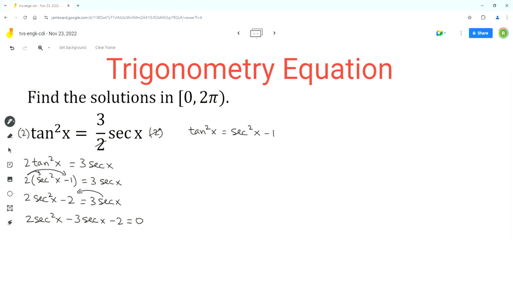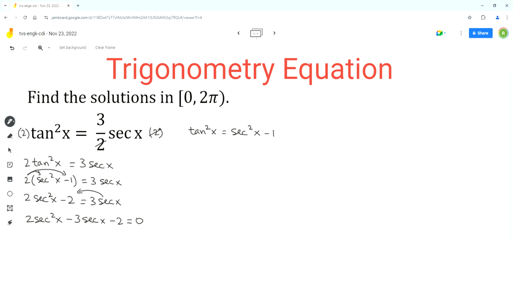This is a quadratic equation, and it is a complex trinomial because the coefficient of the secant square x is not 1, it's equal to 2. We can solve this equation by factoring it, using the decomposition method.